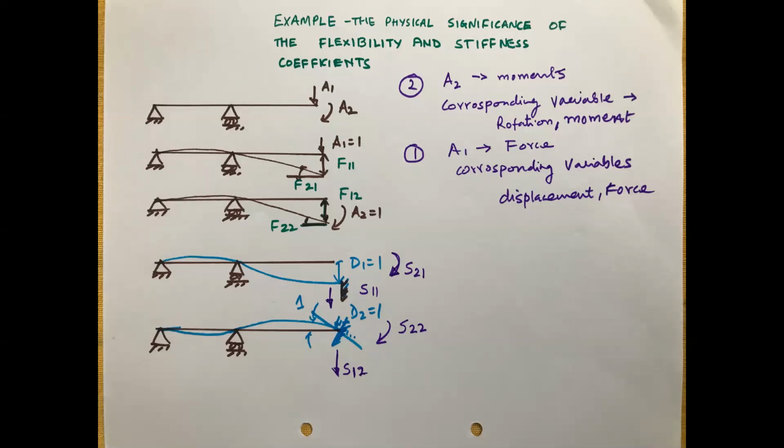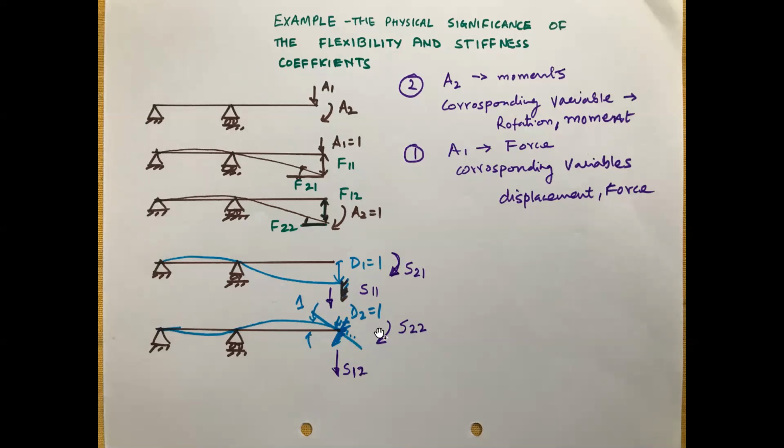Now S12, in that the first subscript says that it is the vertical force. Please understand, one says vertical force. Here one signifies vertical deflection. Here in F11, F12, one signifies deflection; in S11, S12, one signifies it is a vertical force.